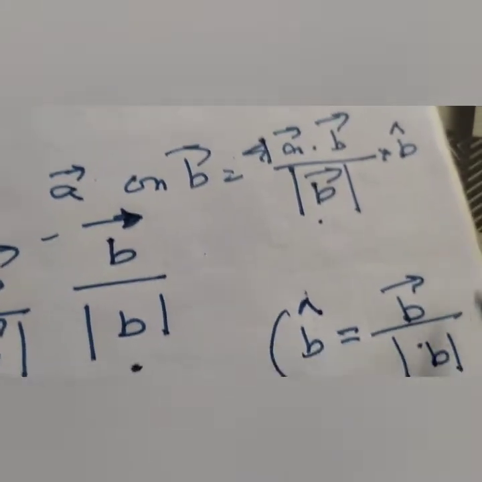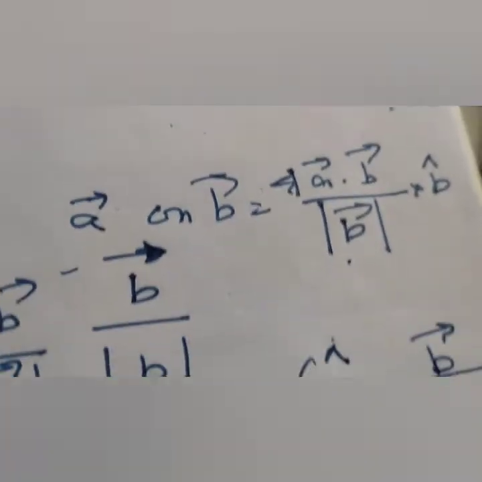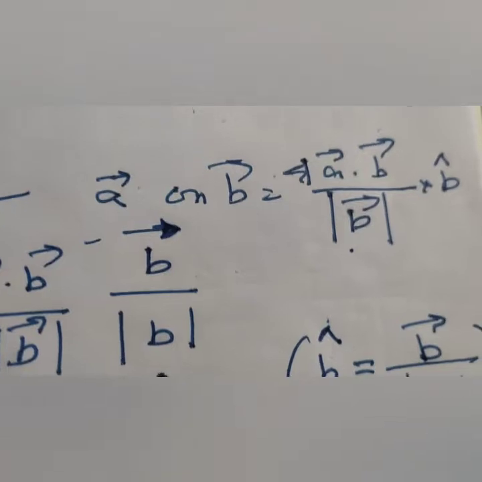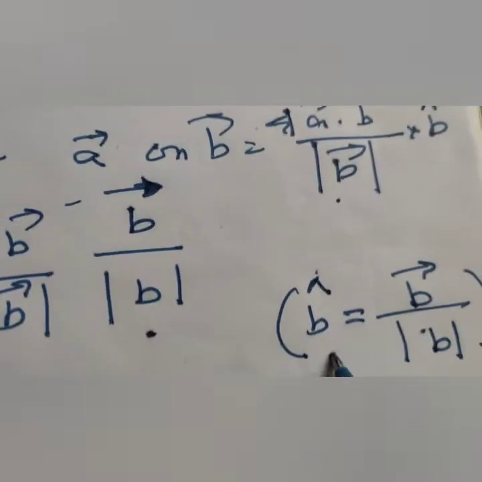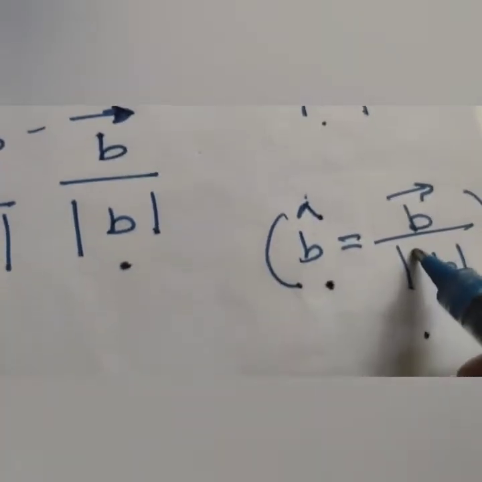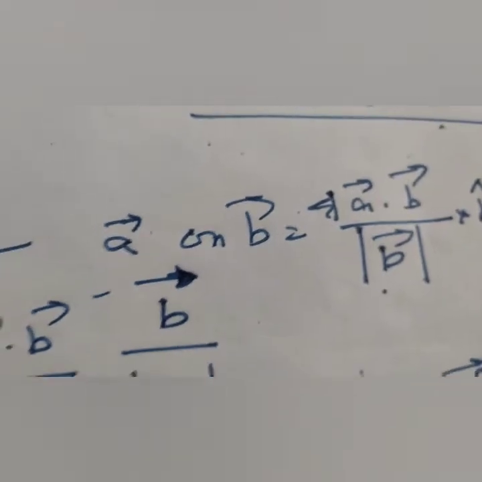Remember this also, sometimes asked as a simple question. So this is a unit vector along B, and you can write vector B by modulus of B.